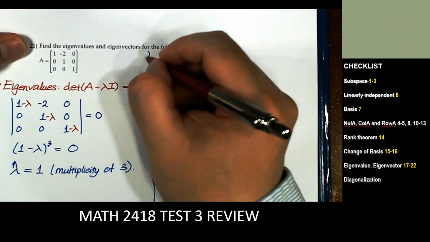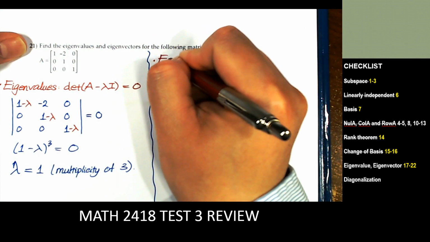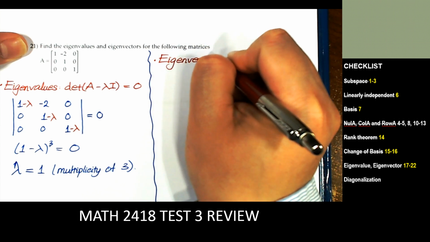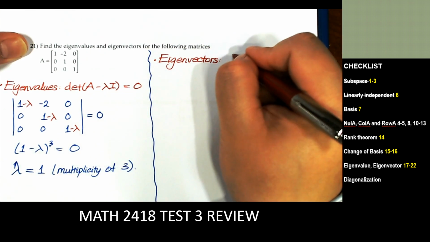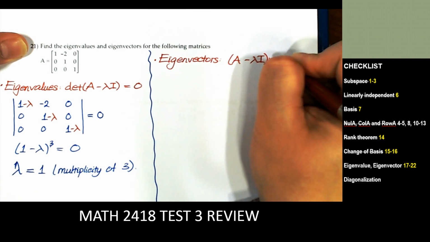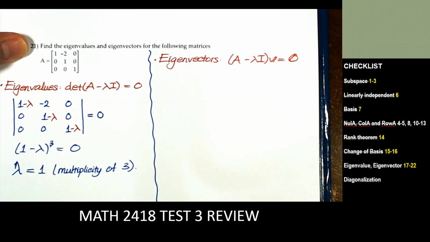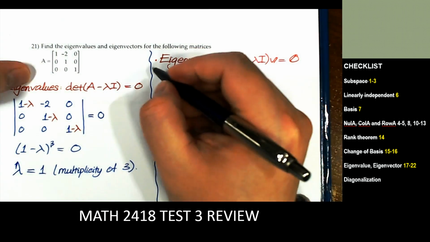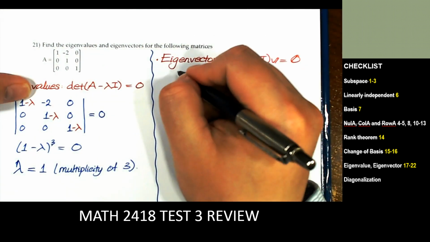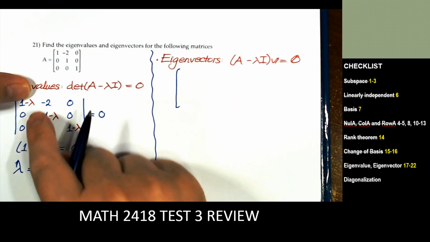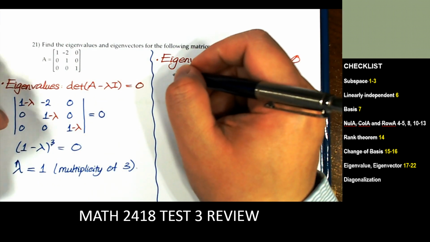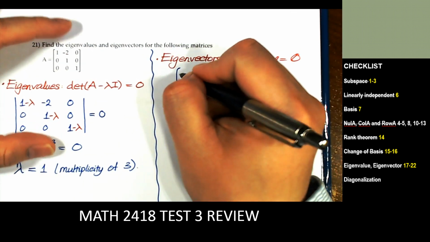Next we'll find eigenvectors. For eigenvectors, we solve the equation (A minus lambda I) times the vector equal to the 0 vector. Now we know that lambda is equal to 1, so we put 1 in for lambda.